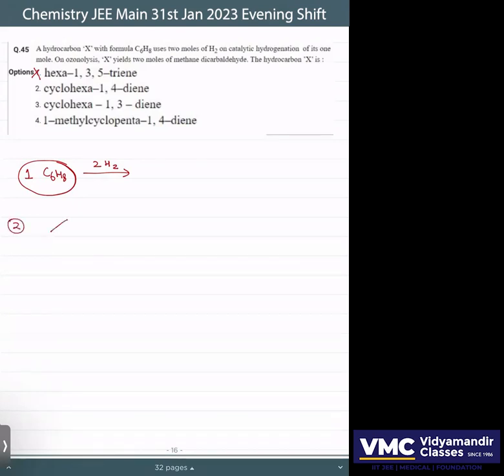Option second is cyclohexa-1,4-diene. On ozonolysis of this, we'll get, so yes, we get methane dicarbaldehyde.